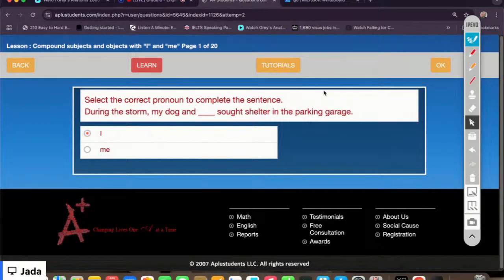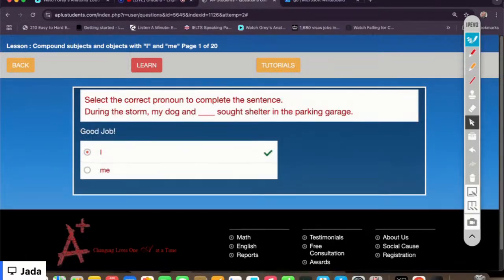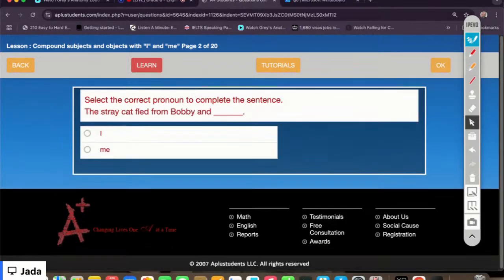Okay, so my dog and I. The stray cat fled from Bobby and Dash.